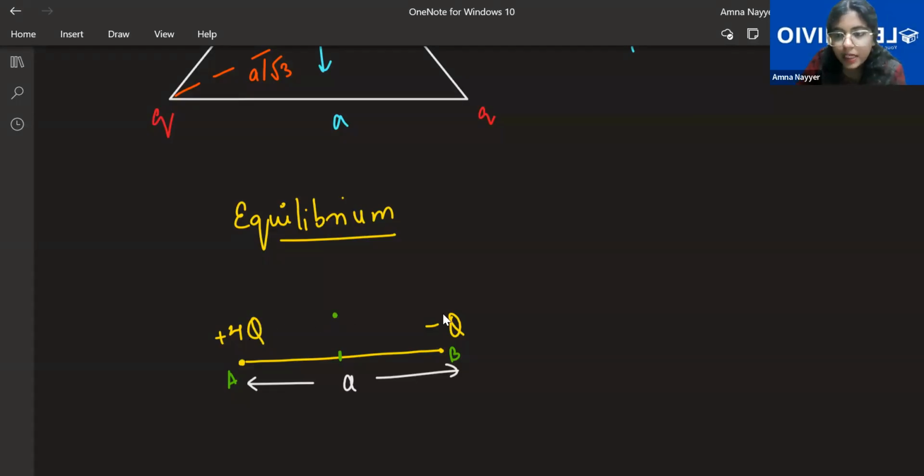Towards B. For a positive charge, the field is always away from the charge. And due to this negative charge, towards A or B? Towards the charge. You're forgetting: for a positive charge, the field moves away from the charge.